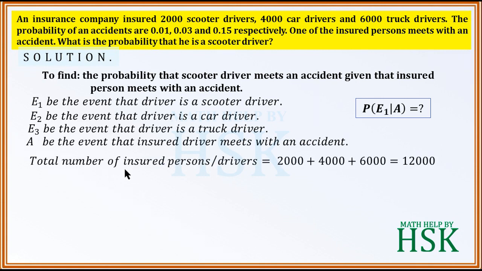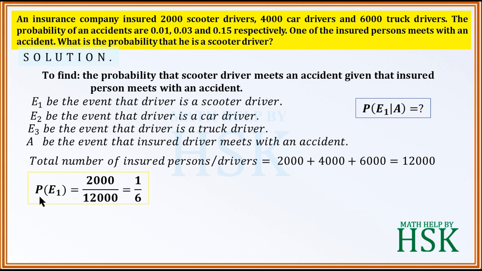Now the total number of insured persons or drivers is equal to 2000 plus 4000 plus 6000, because the number of scooter drivers is 2000, car drivers 4000 and truck drivers 6000. So the total number of insured persons is 12,000.